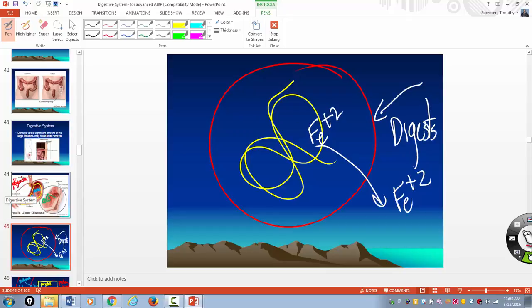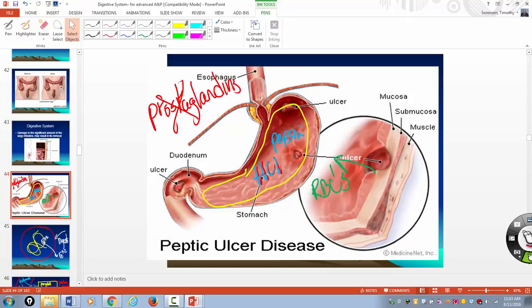And one of the areas that you can be bleeding is in the stomach. Well, how do you diagnose that? Well, it's based on signs and symptoms. People will complain that they've got heartburn all the time, right? Pain in the epigastric area.